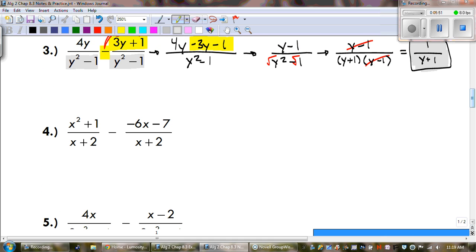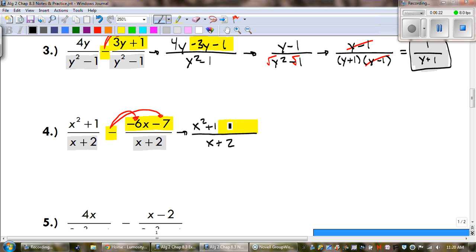All right, number 4. We look to see if they're the same, and then I'm looking at my operation. I have to distribute this negative to both spots. So x plus 2 on the bottom, the x squared plus 1 stays the exact same. I didn't do anything to that.